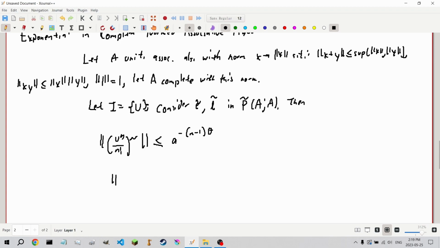And the norm of U to the n over n tilde is at most eta to the negative log n over log p, by our previous lemma.